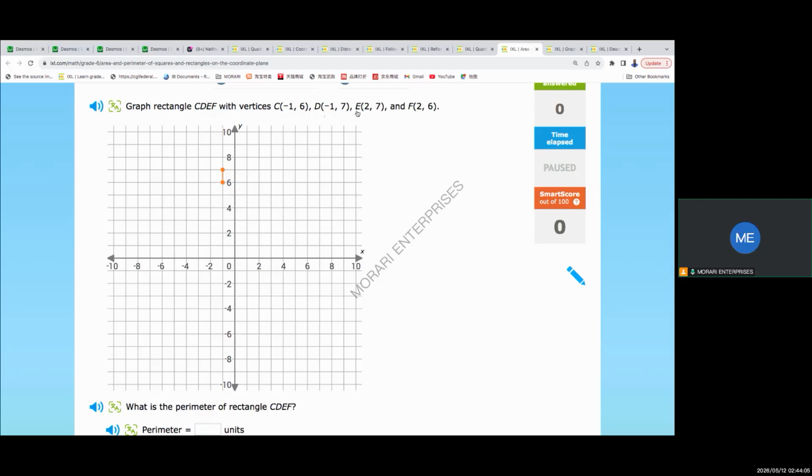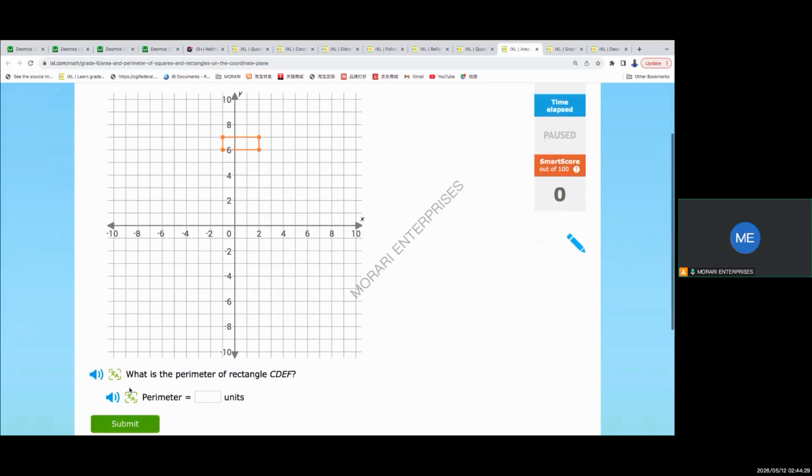And next point, 2, 7. So from here we go 2 right, 7 up. And the last point is 2, 6. 2 right, 6 up. And like this we have a rectangle. So we have plotted a rectangle.